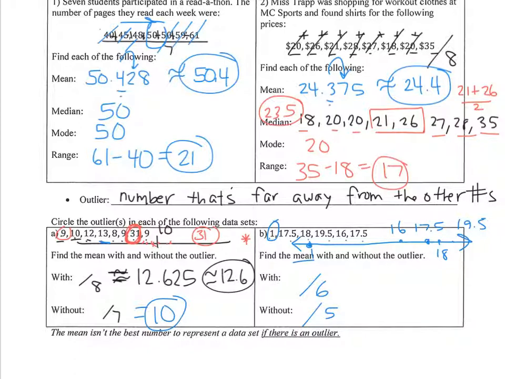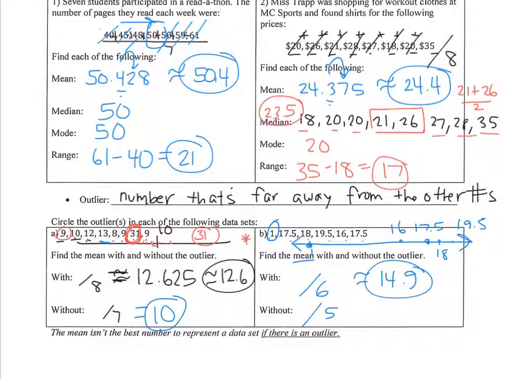For the first set, I'm going to add 1 plus 17.5 plus 18 plus 19.5 plus 16 plus 17.5, and I divide by 6. And I get about 14.9 to the nearest tenth.